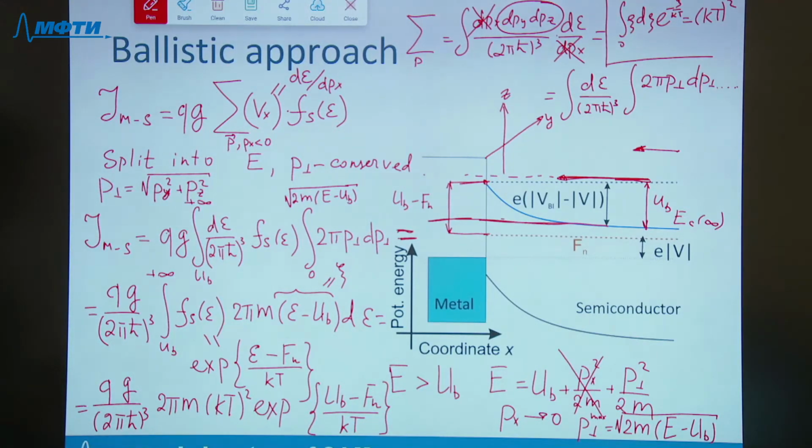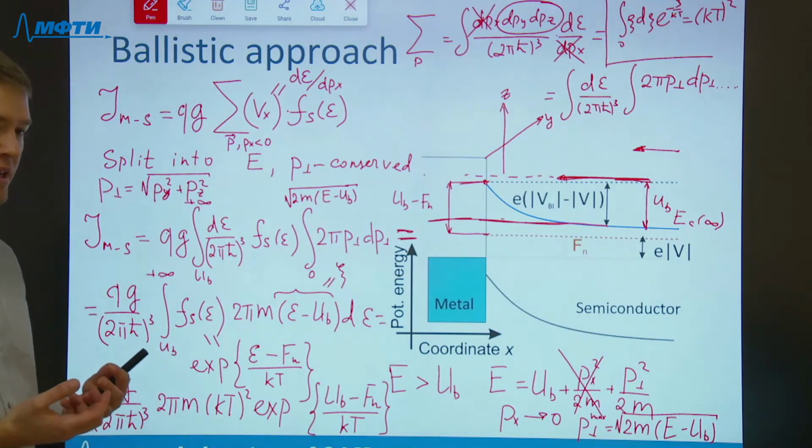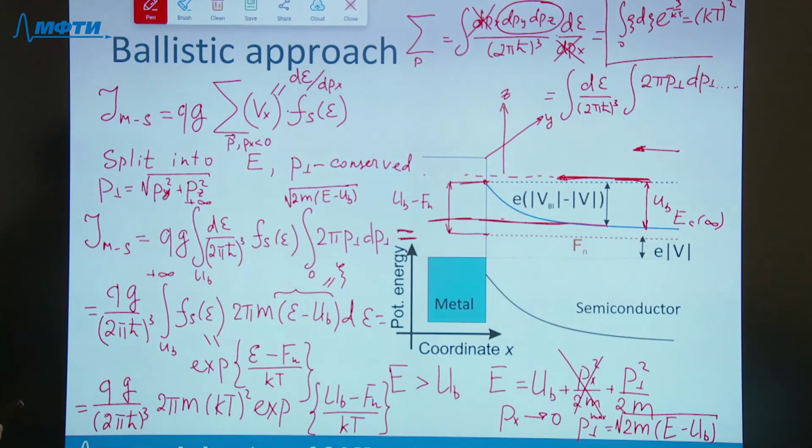It is a good homework task to prove that the prefactor of this expression can be expressed exactly as the carrier density at infinity multiplied by thermal velocity divided by 4. It is a simple exercise. You just need to re-express once again the carrier density in a semiconductor.